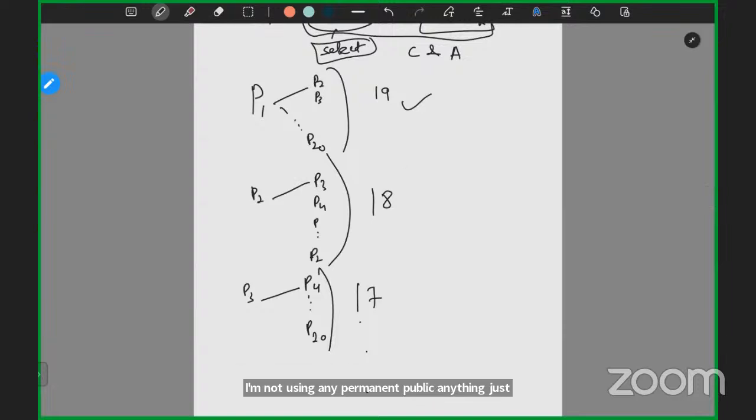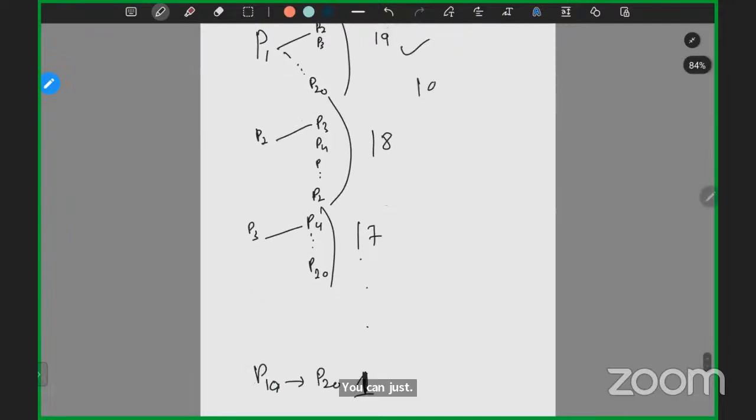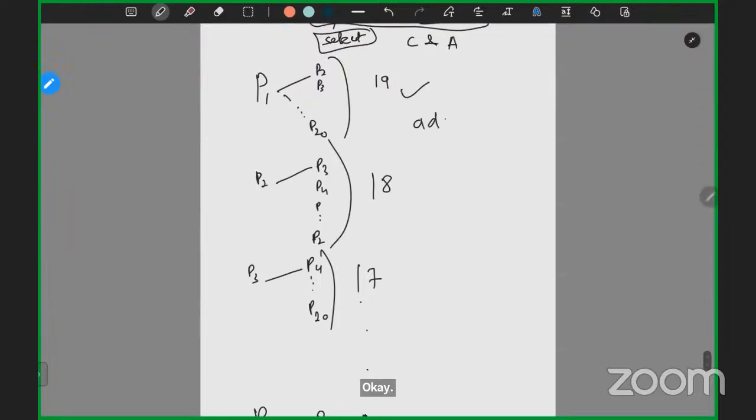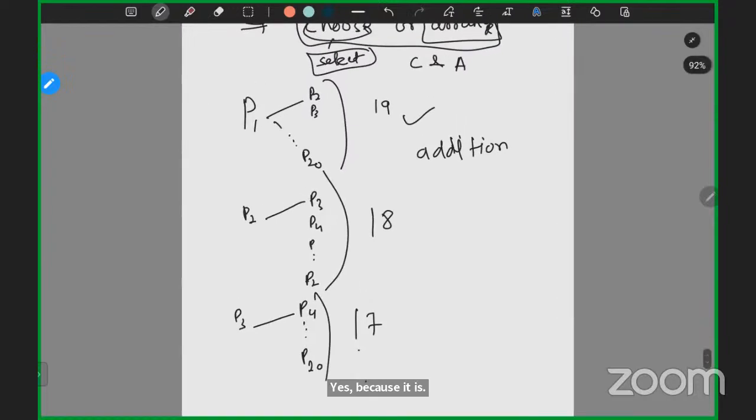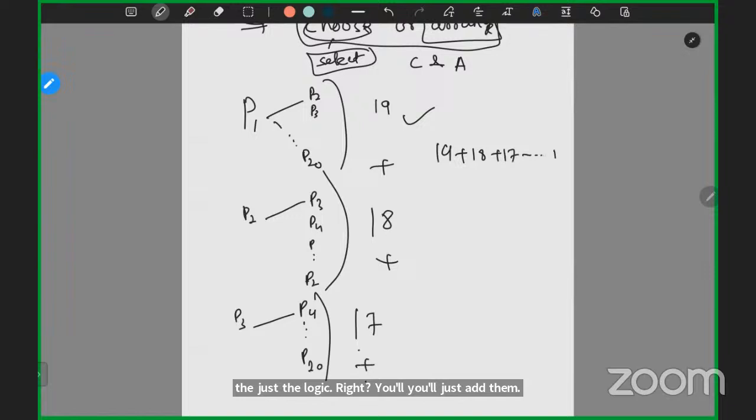You just add them: 19 plus 18 plus 17 and so on till 1.